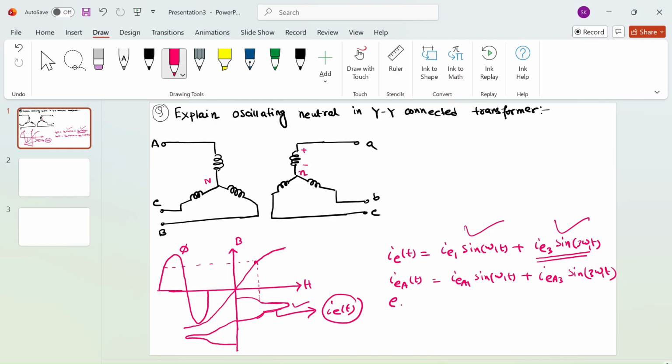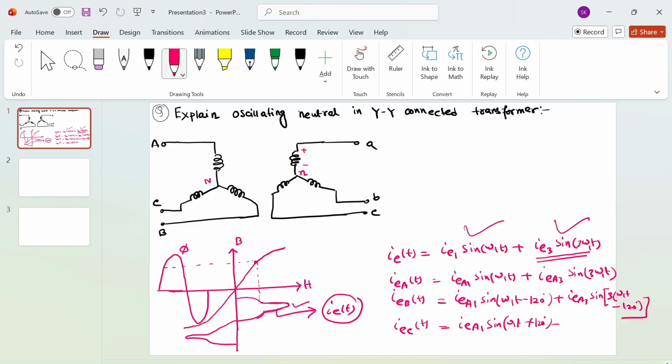And for phase B, the exciting current IEB of t is IEA1 sine omega 1 t minus 120 degrees, there will be a 120-degree time displacement, plus IEA3 sine 3 omega 1 t minus 120 degrees. For C phase, it will be IEA1 sine omega 1 t plus 120 degrees plus IEA3 sine 3 omega 1 t plus 120 degrees.